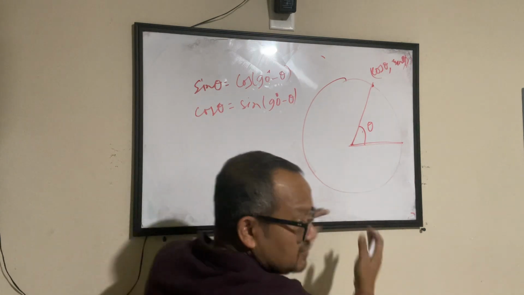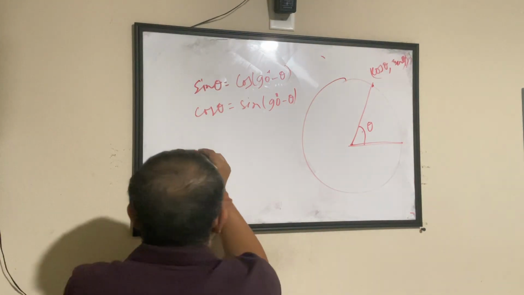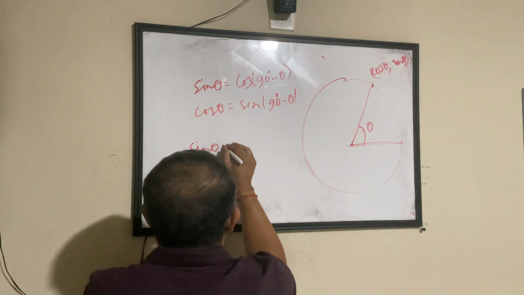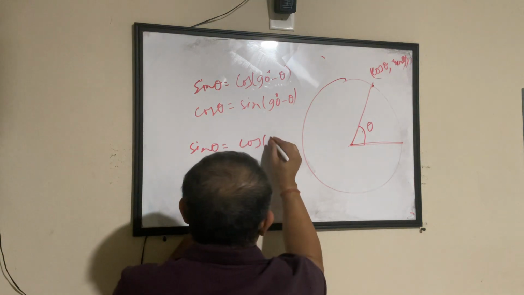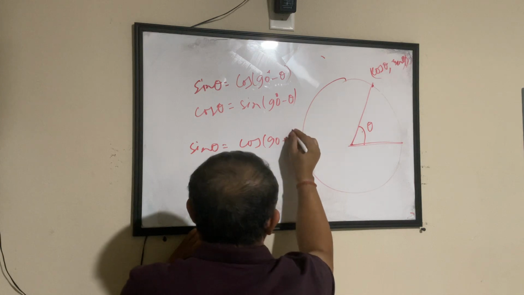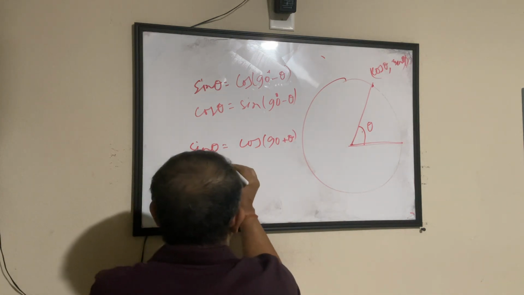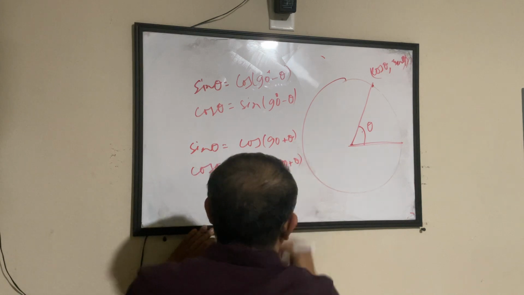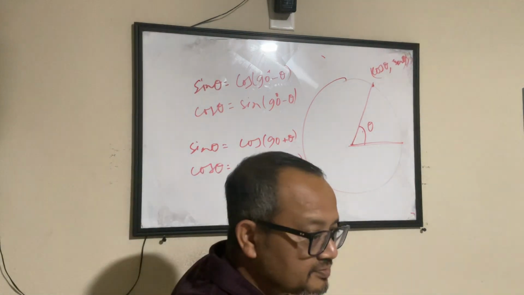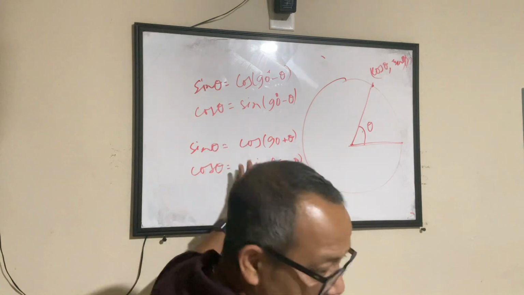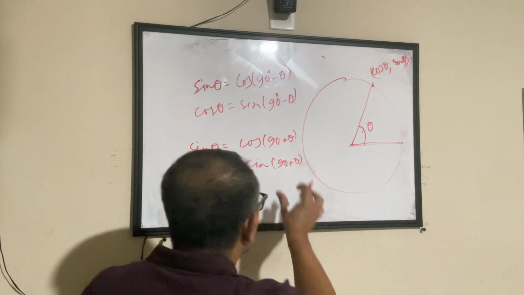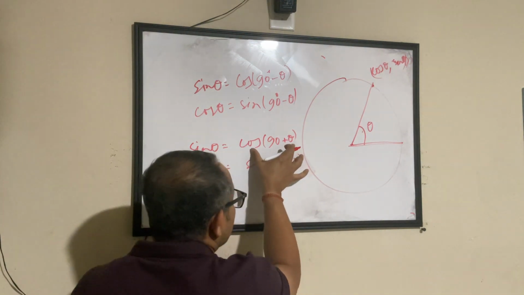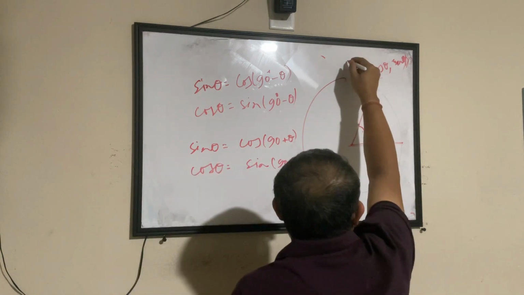And from this periodicity, what we have learned is sine of theta equals cos of 90 degree plus theta, and cos of theta equals sine of 90 degree plus theta. This is without considering the quadrant.